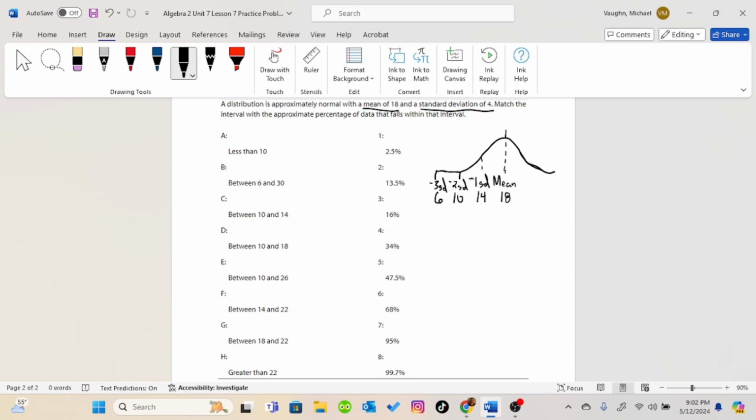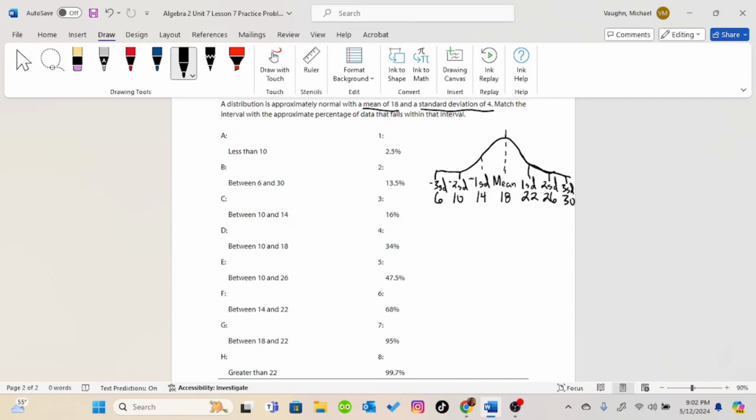And if we go the opposite direction, then 1 standard deviation above would be 22. 2 standard deviations above would be 26. And 3 standard deviations above would be 30.